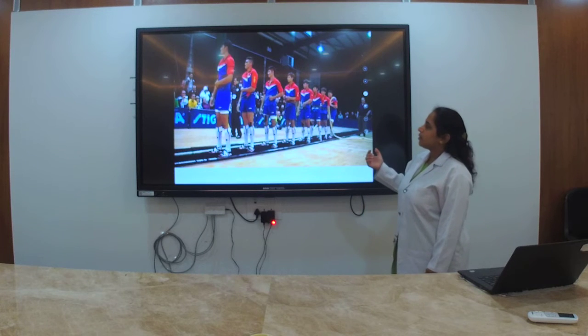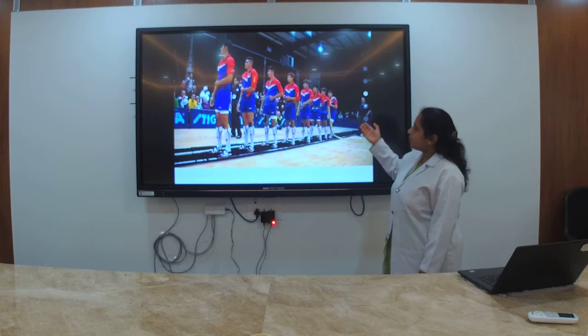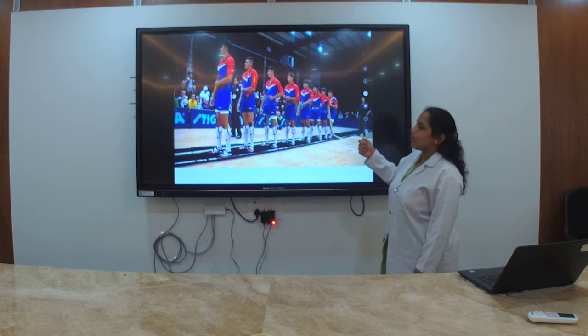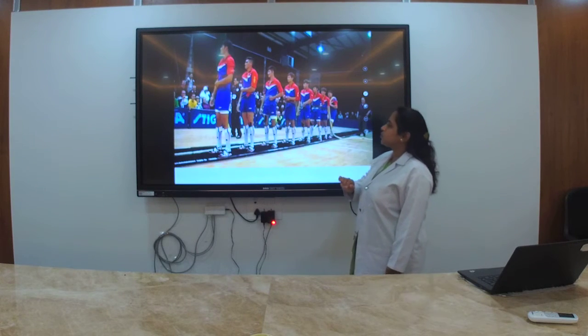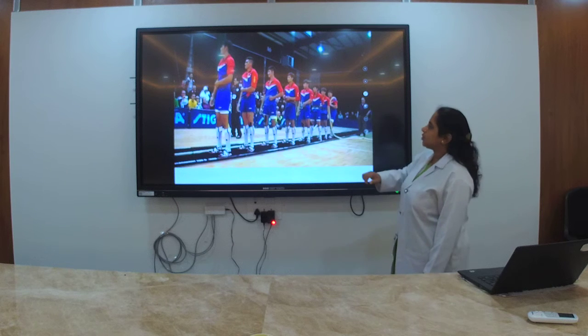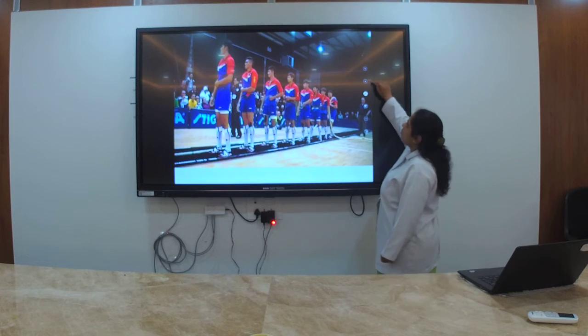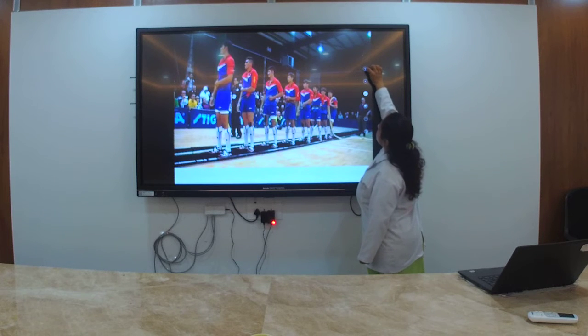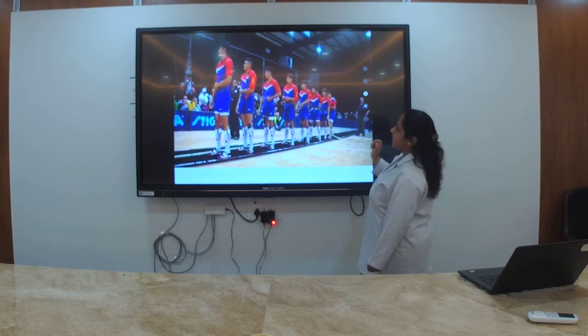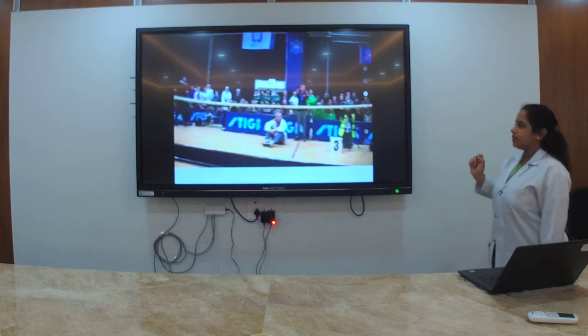So the forces are produced over the rope, on the ground surface, and also on the hands. So tug of war is the best example of force. Let us see the video.